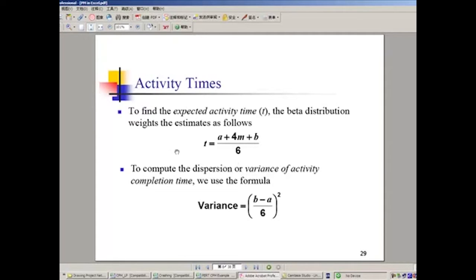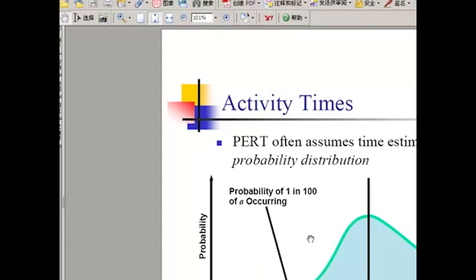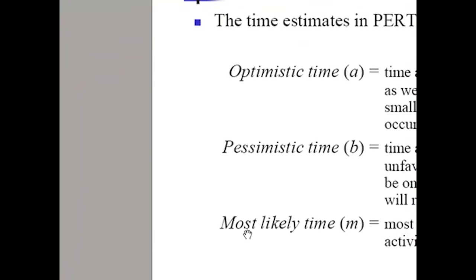So based on beta distribution, the approximation used here is that the expected activity time, T here, or in some textbooks you will see E(T), or some other articles will label this as T hat or T bar, simply equals the summation of the optimistic time estimate A, the shortest time it may take to finish this activity, and the longest time, the pessimistic time, labeled as B, it takes to finish this activity, plus 4 times the most likely time.